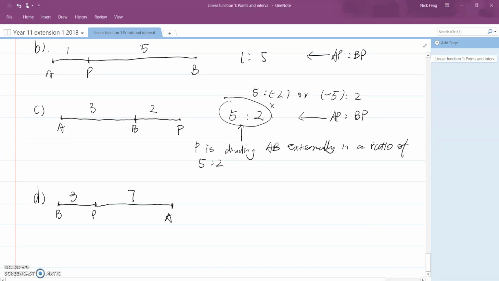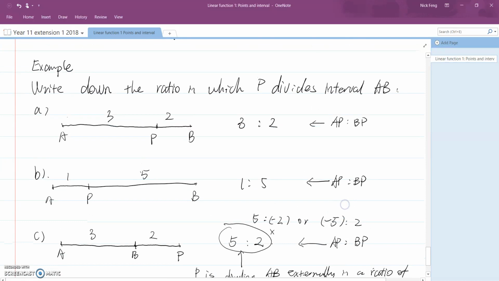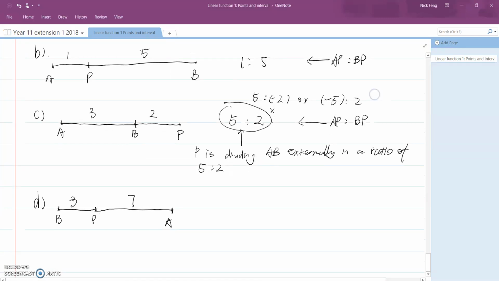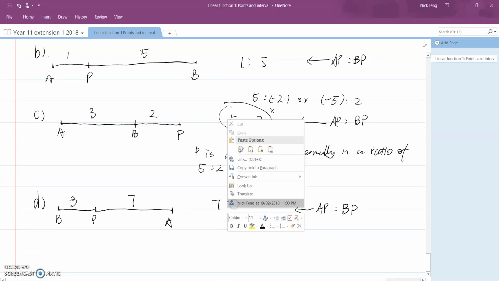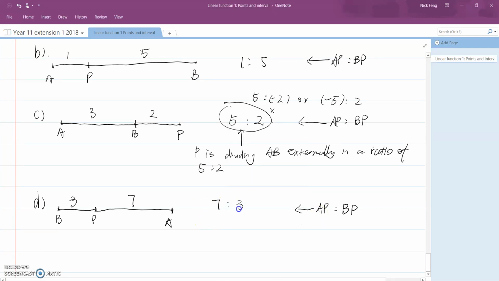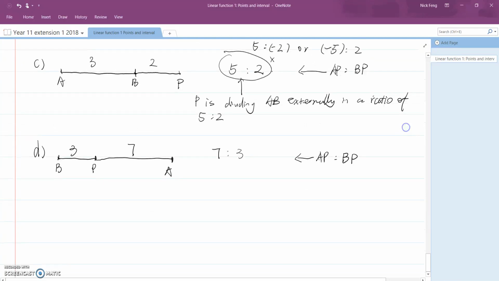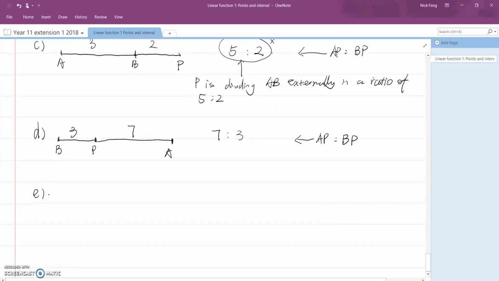However, because we always set interval AB, it has to be AP to BP. Just keep the sets the same. If we start from A, it starts from A. So therefore it's just AP to BP, which is 7 to 3. Simple as that.